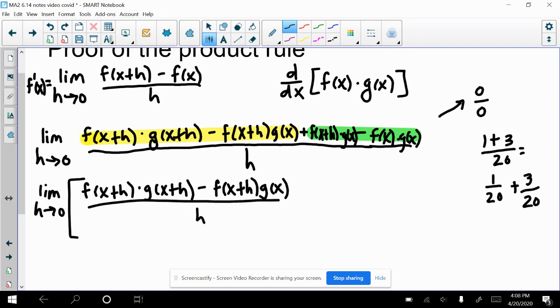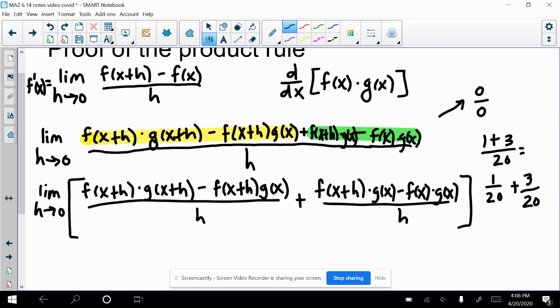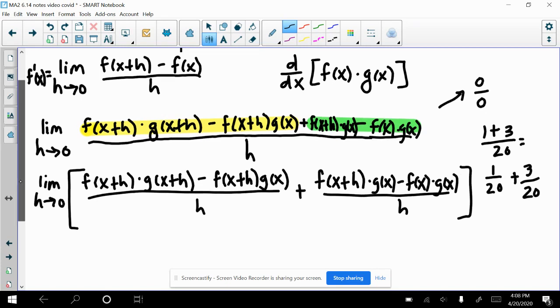Okay, that's my first fraction. Plus, my second fraction is this part, all over h. And that fraction is f of x plus h times g of x minus f of x times g of x, and it's all over h. And again, we're taking the limit as h approaches 0 of all of this.